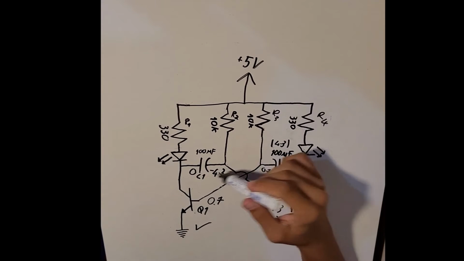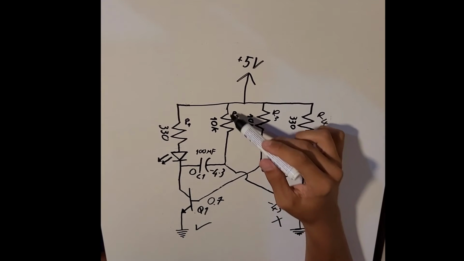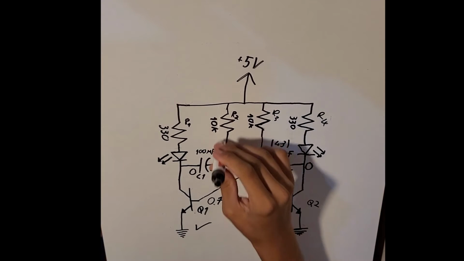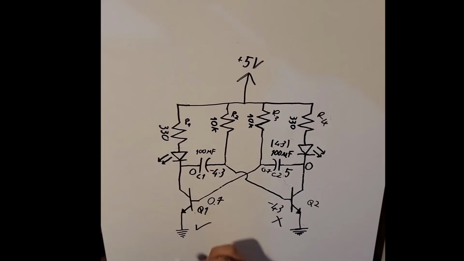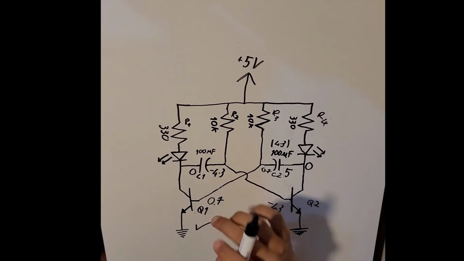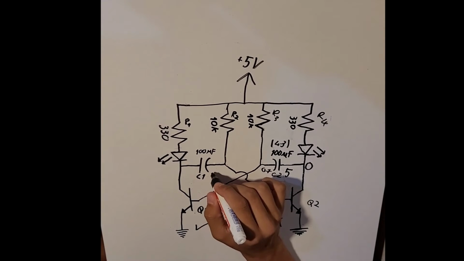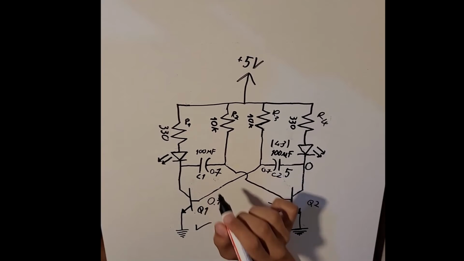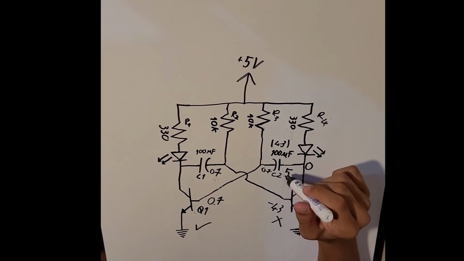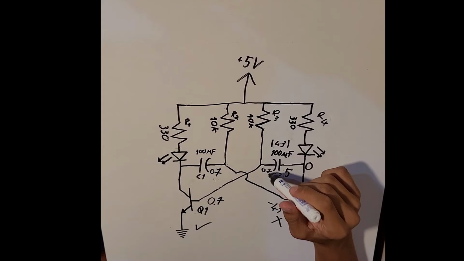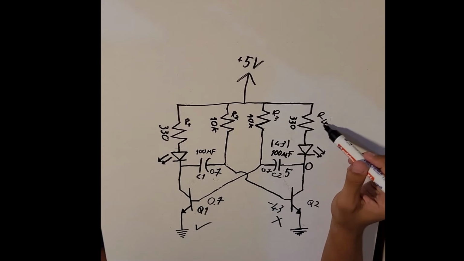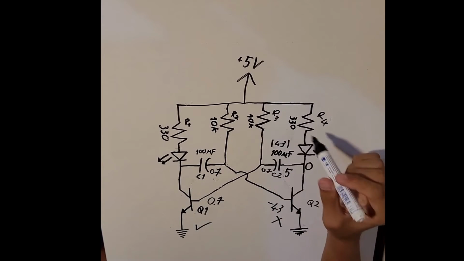C1 will be discharging through R2 from here to here and then here. So this side will be rising. And when we have 0.7 volts here, we will be already at 0.7 volts here and 5 volts here because R4 is smaller than R2.